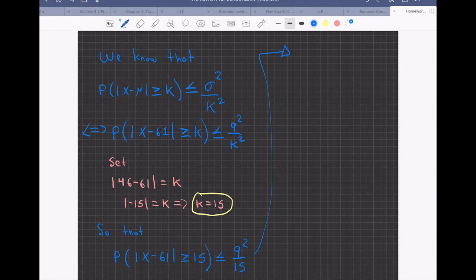And this is the probability that x minus 61 is greater or equal than k, that is 15, is no more than 9 squared divided by 15 squared, oh, I forgot the square here, that is approximately 0.36.